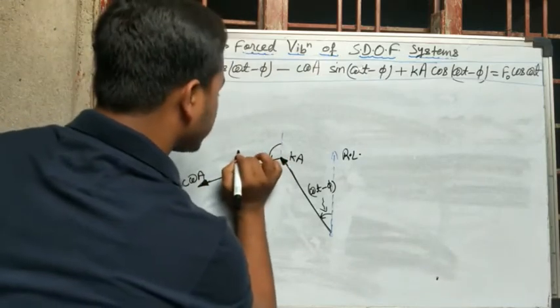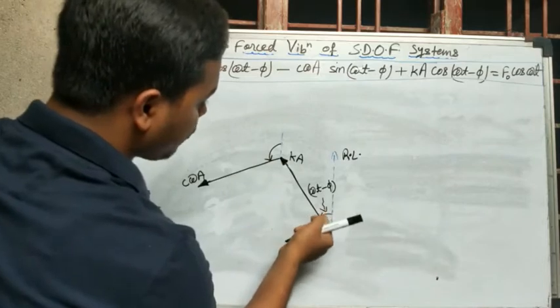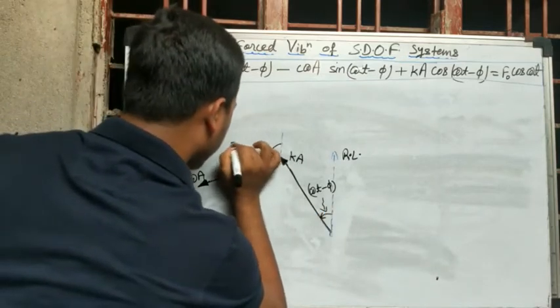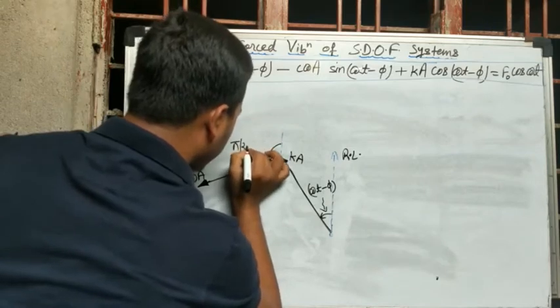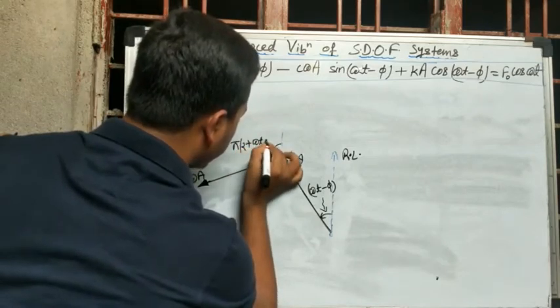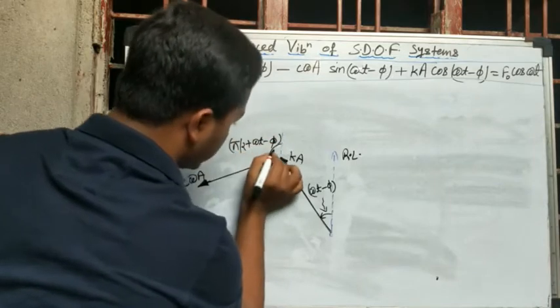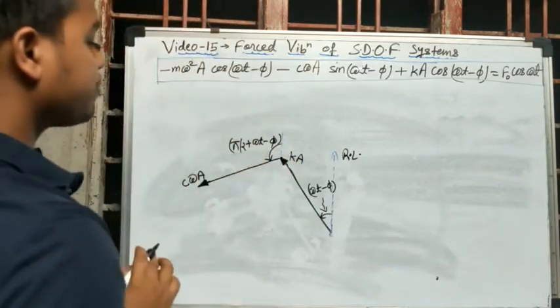This angle was equal to how much? This much was omega t minus phi, and adding pi by 2 to that, it will be pi by 2 plus omega t minus phi, right? This angle is pi by 2 plus omega t minus phi.